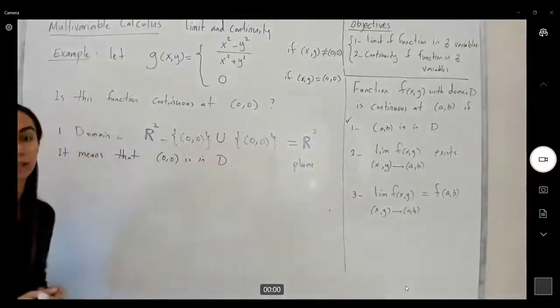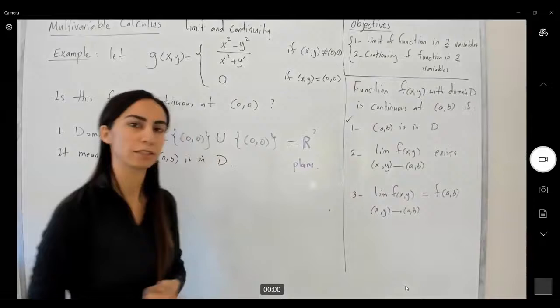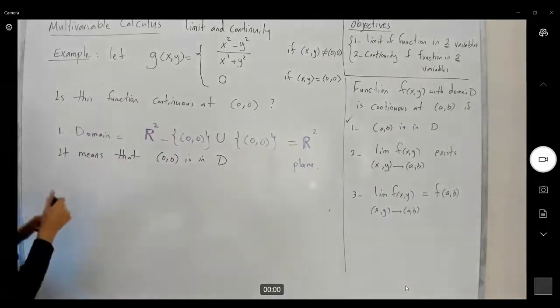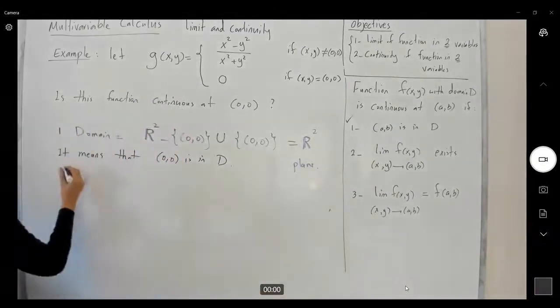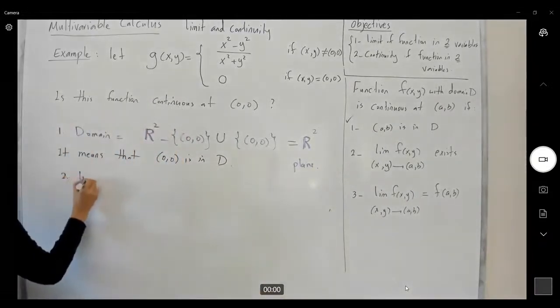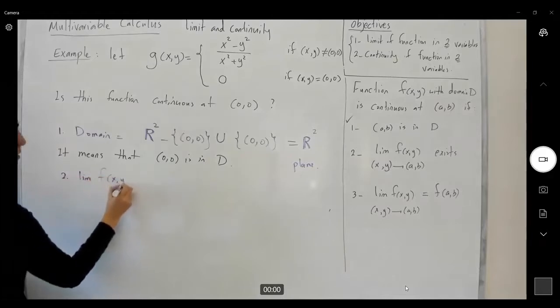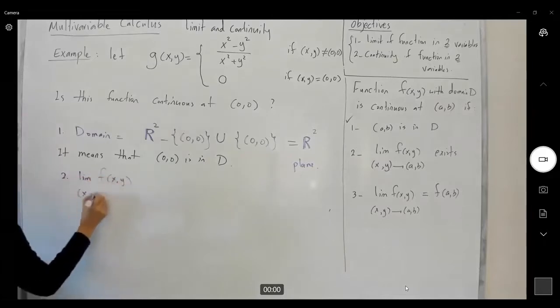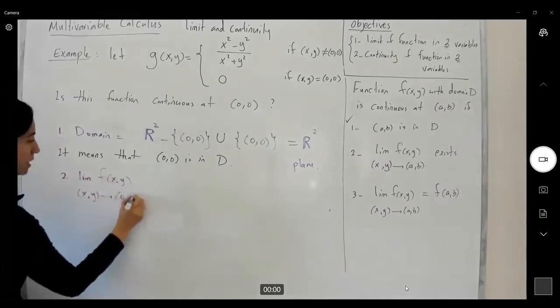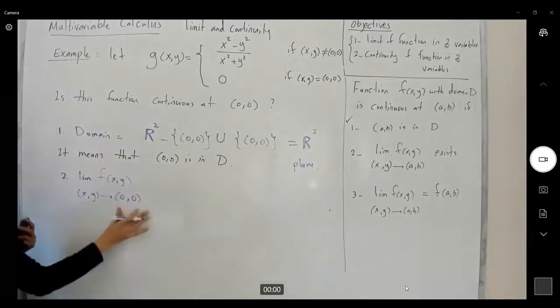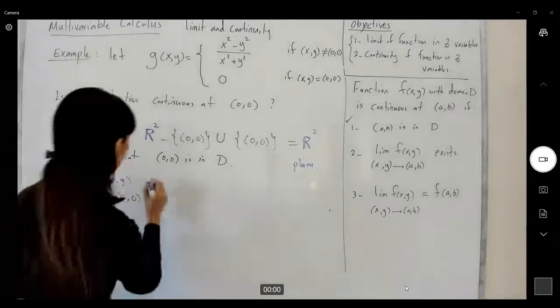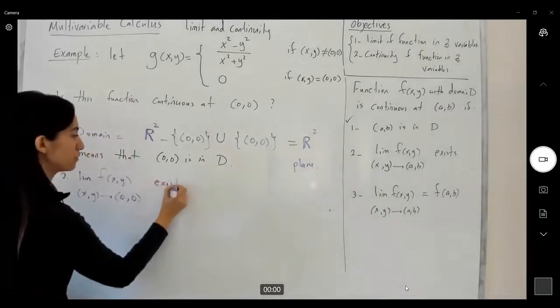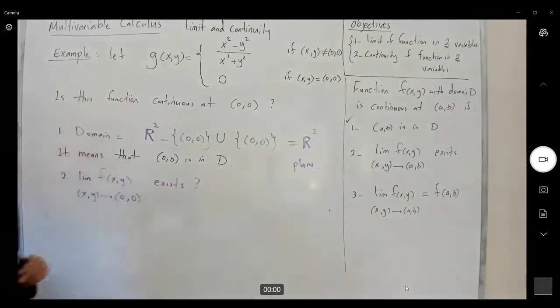Let us move on to the second condition. How about the limit? The second condition, we know that the limit must exist when x and y, any nearby point, approaches 0 and 0. Does it exist? Okay.